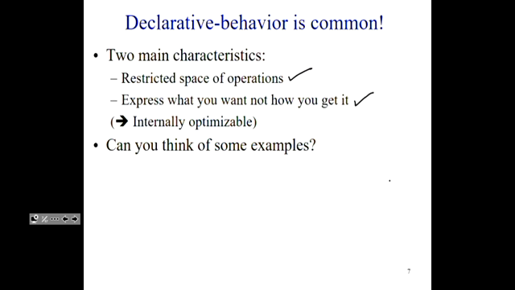The thing is, this notion of declarativity is actually not special to the database scenario. Can you guys think of other examples where declarative behavior is common? You specify at a high level what you want, and the system will figure out how to execute it for you. Any examples?